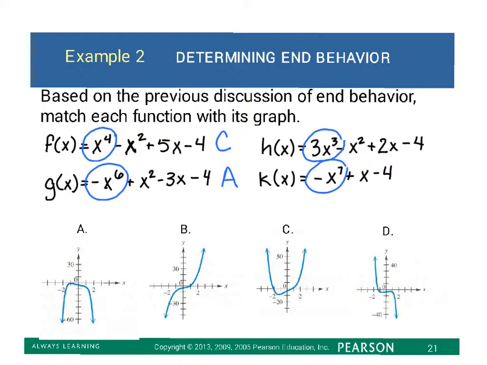So that is B for our function h. And then the last one that we have, the next one, is D. Like I've stated before, our end behavior looks like this. Begins here and ends there. So that's how you're going to match graphs to different functions, by end behavior.